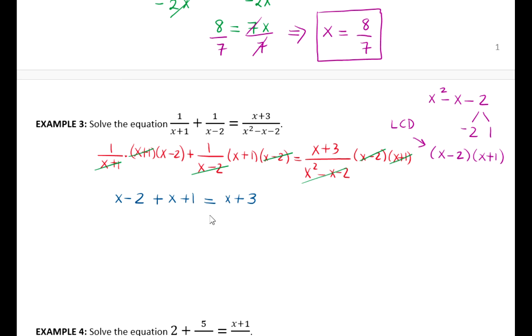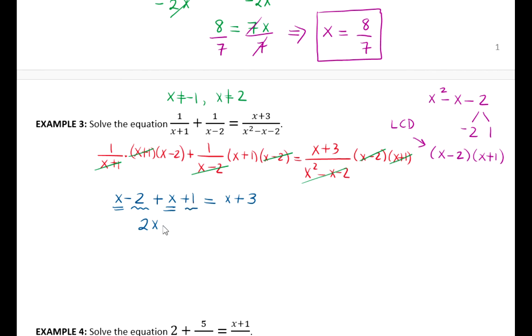But be careful. Here x can't be -1 because that makes the denominator 0, and x can't be 2. I'm going to show you an example in which that may happen at the end, but I think it doesn't happen in this problem. Let's see. So I have 2x; I combine these two, and I can combine -2 and +1.